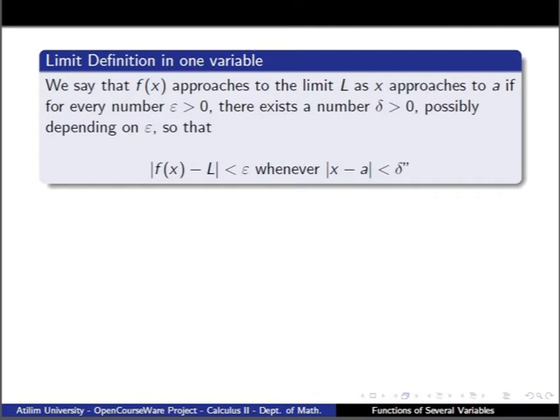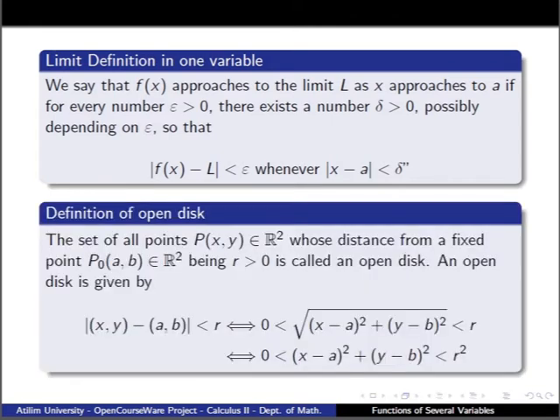Hence, before passing through the definition of limit for the function of two variables, we will have one more definition, which is the definition of an open disk. An open disk means it is a circle with center at the point (a, b) and radius r, excluding the boundary points, where this set is called an open disk.